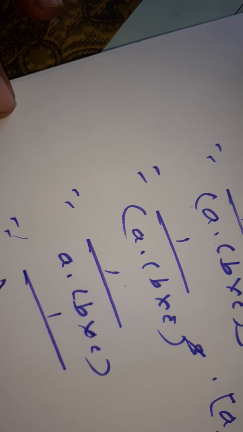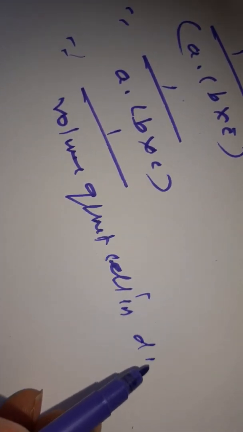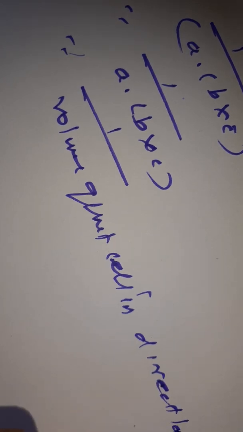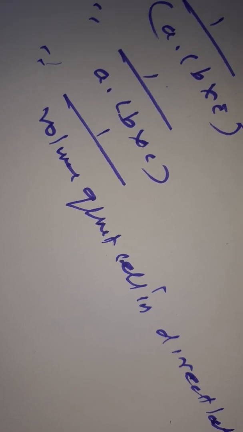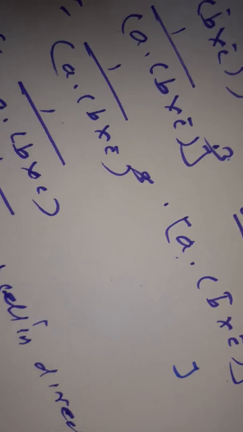This is nothing but the volume of the unit cell in a direct lattice. So the volume of the direct lattice is equal to 1 upon the volume of the reciprocal lattice. This is one property of the reciprocal lattice vector.